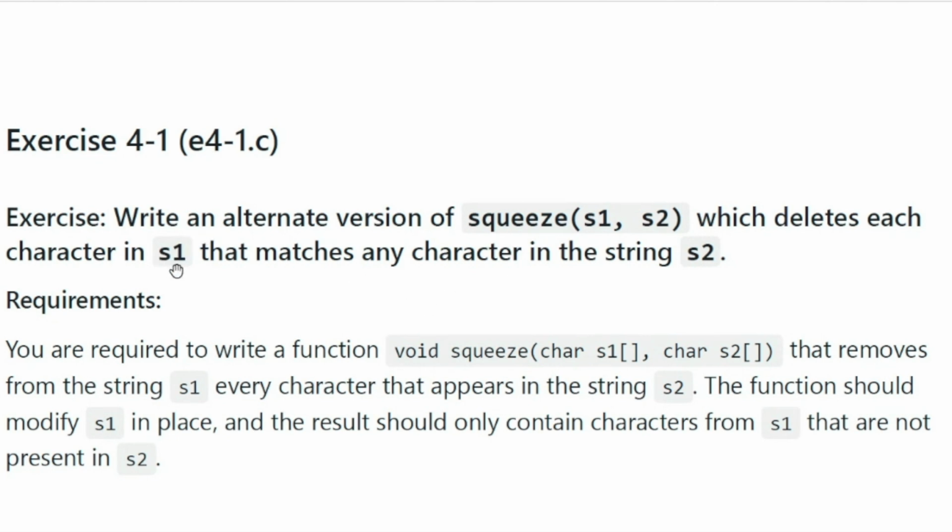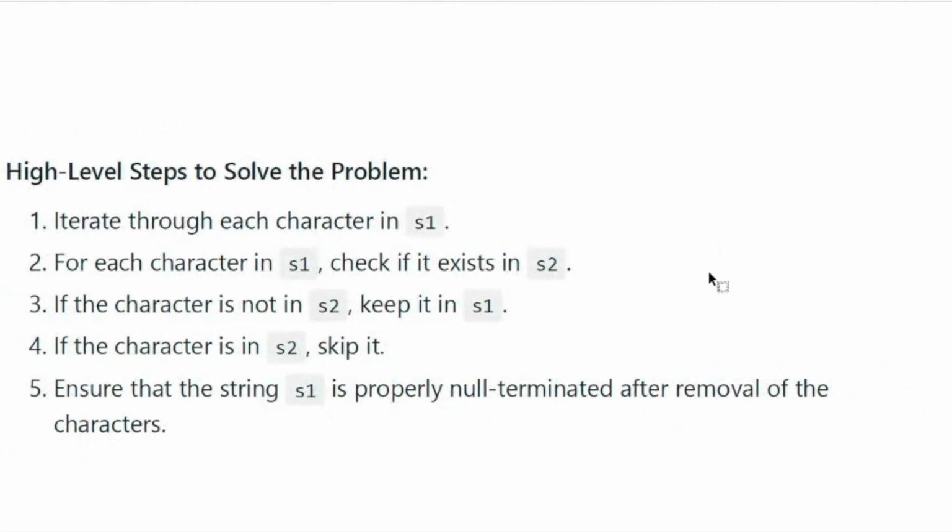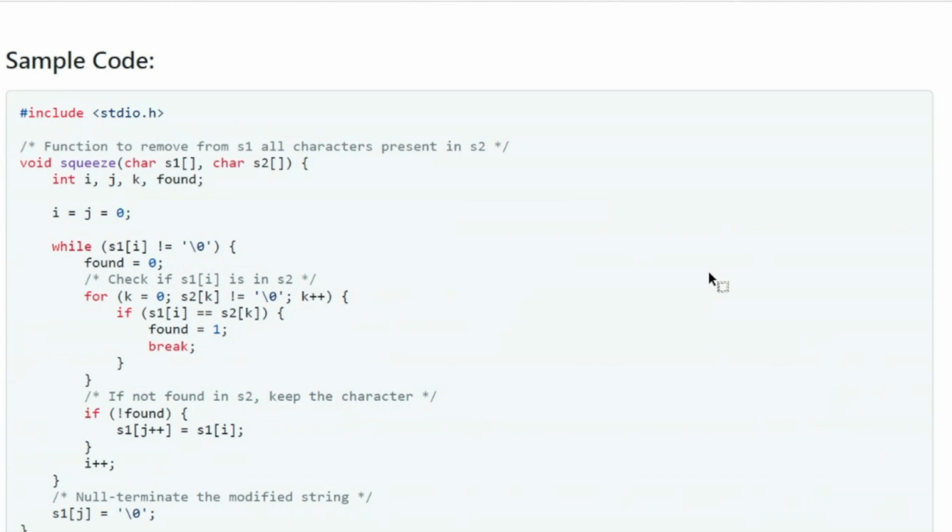We iterate through string 1 and compare every single character inside of it with every single character inside string 2. If we find a match, we get rid of it. By getting rid of it, we simply move our index in that case, right? So for example, here is the solution.